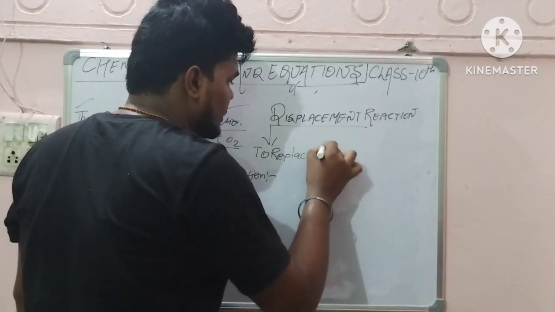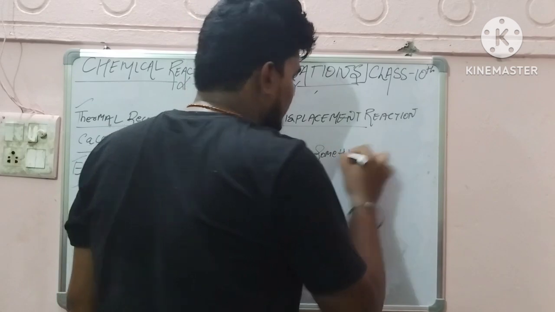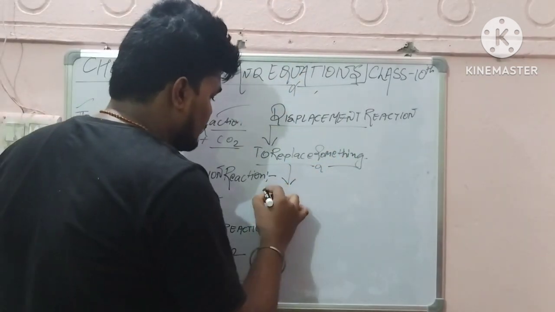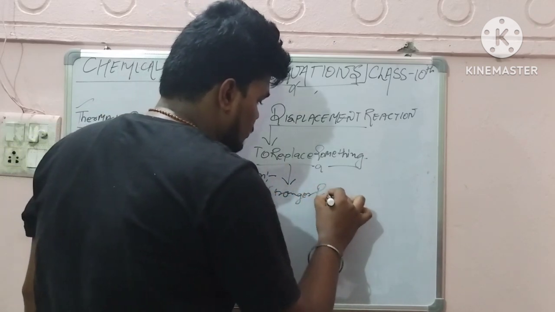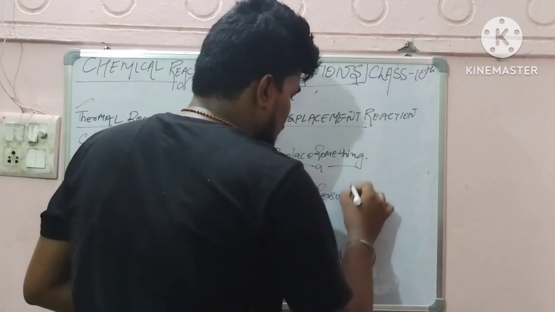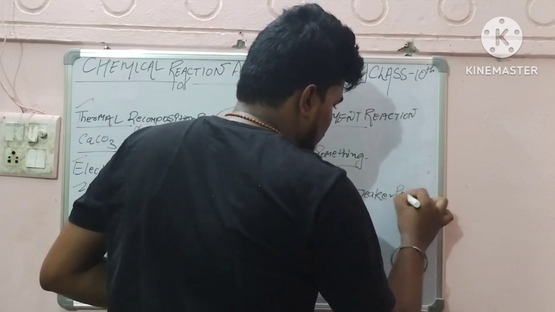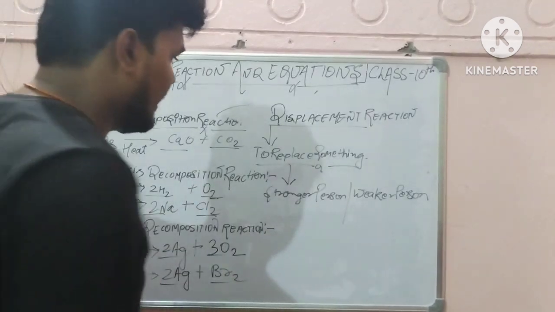To replace something means what do we do? We replace something. Suppose a stronger person, okay? A stronger person replaces a weaker person. He replaces the weaker person. Similarly, what happens?